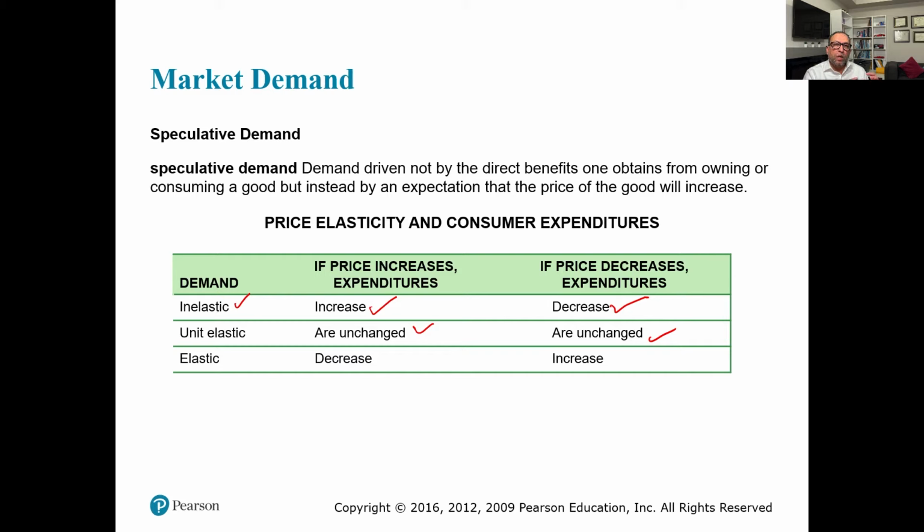So we always get a 1, and the expenditure is not going to be affected by this change. And if the demand is elastic, it goes in the opposite direction. If the price increases, expenditure decreases. If the price decreases, expenditure increases. So they move in opposite directions.